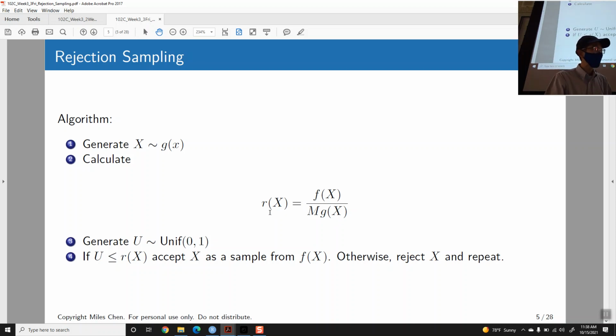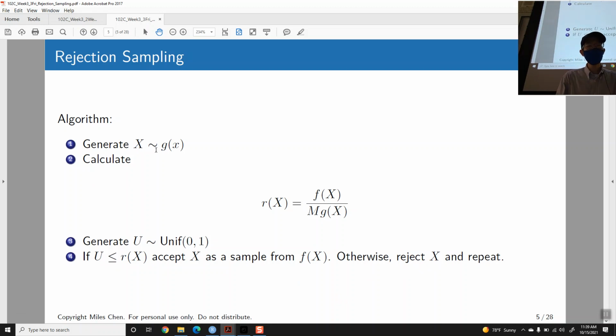And then we generate a separate random uniform value between 0 and 1 as well. If the random uniform value is less than r of x, we will accept it. And if the random uniform value is bigger, we're going to end up rejecting this x value that we generated from g.